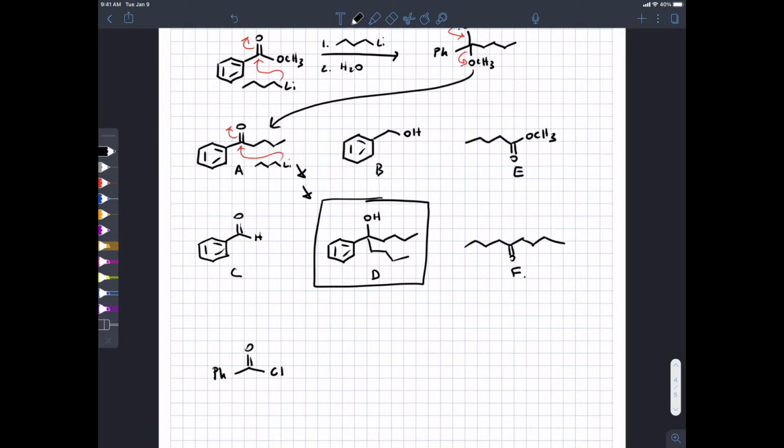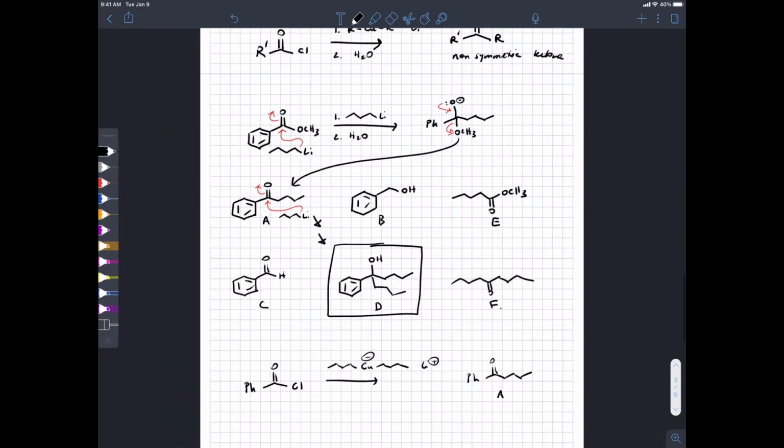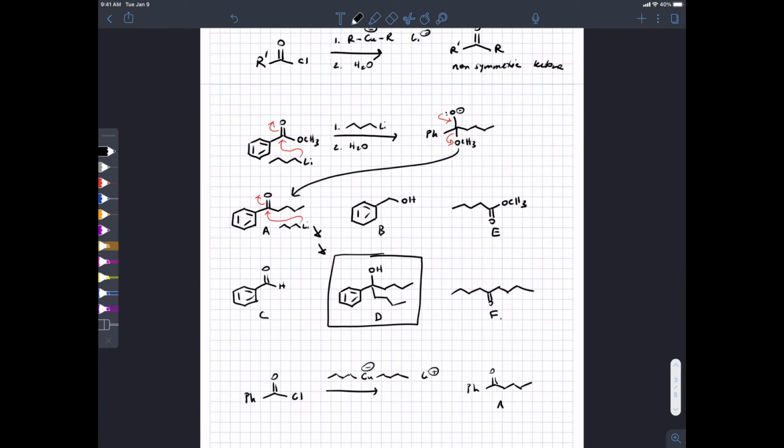If you took the corresponding acid chloride and the same cuprate, yes, you could stop at option A. Okay, so that's a way of testing your understanding.